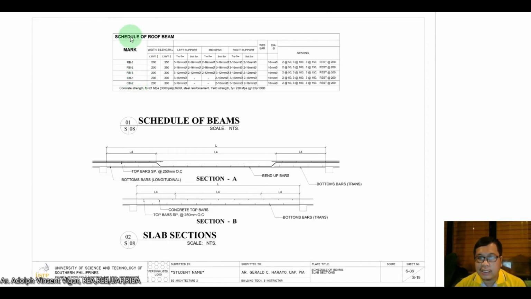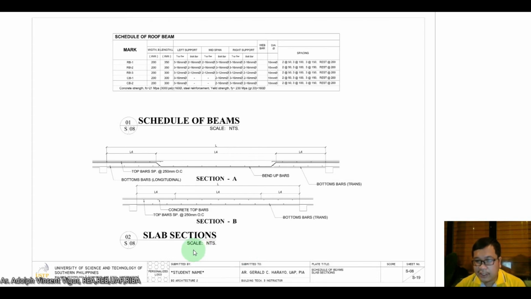Here you can see it in tabular form, wherein the top bars you have 3-16 mm, then the bottom bars you have 2. You could also do this in this format, or you could also do what was done in the previous examples where it was drawn graphically.